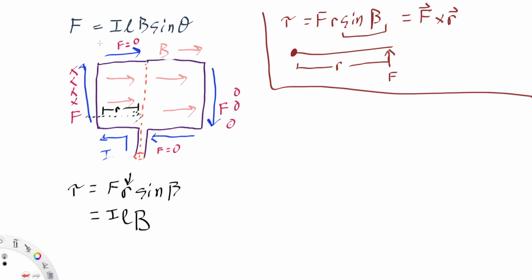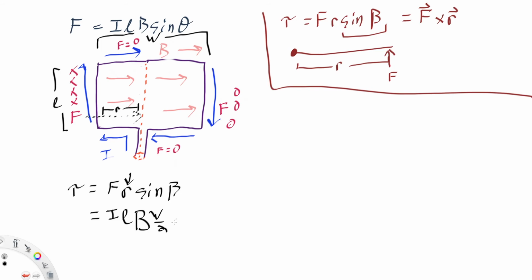In your book, they do something convenient where they say the length of these side wires are L, the length of these top wires are W for width. And so we can write this R as W over 2.